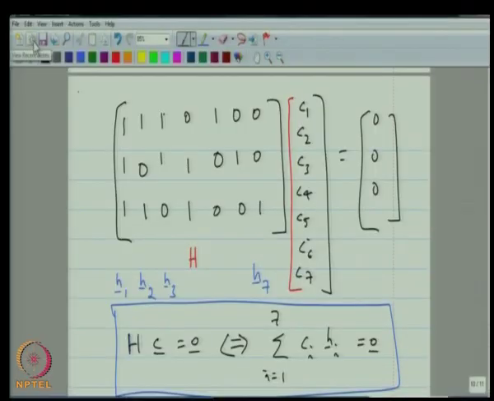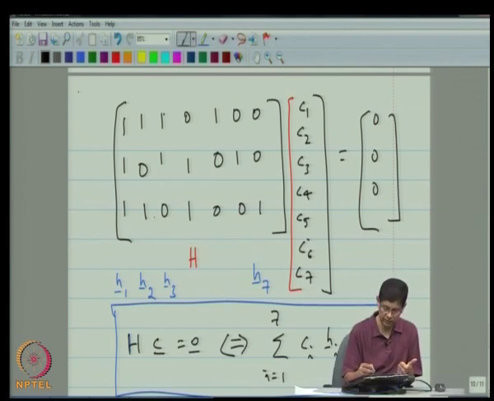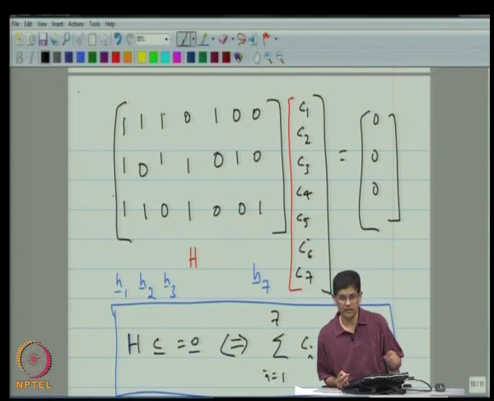Going back to this matrix, you see that all non-zero 3 tuples, there are 2 to the 3 minus 1, which is 7 non-zero 3 tuples, and all of them occur here. So all of them occur precisely once.